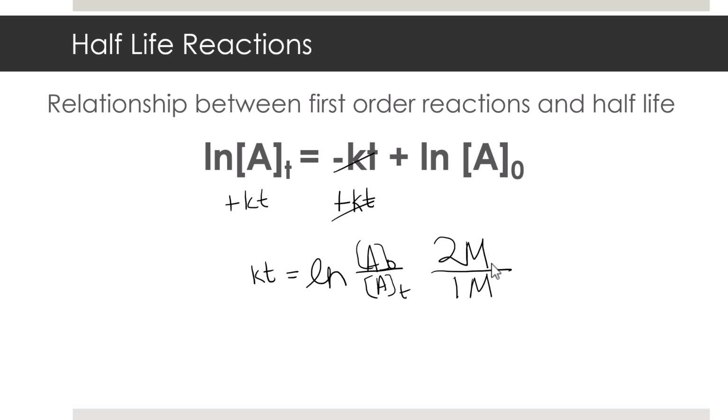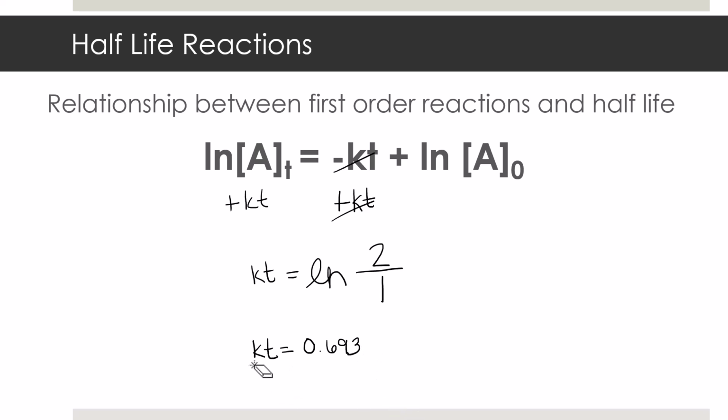I could do 4 and 2, I could do 6 and 3, but I just chose 2 and 1. If I plug those values into this equation, the concentration of A at time equals 0 is 2, and the concentration of A at time equals t is half of that, or 1. Now we can plug this into our calculator. Natural log of 2 divided by 1 is 0.693.